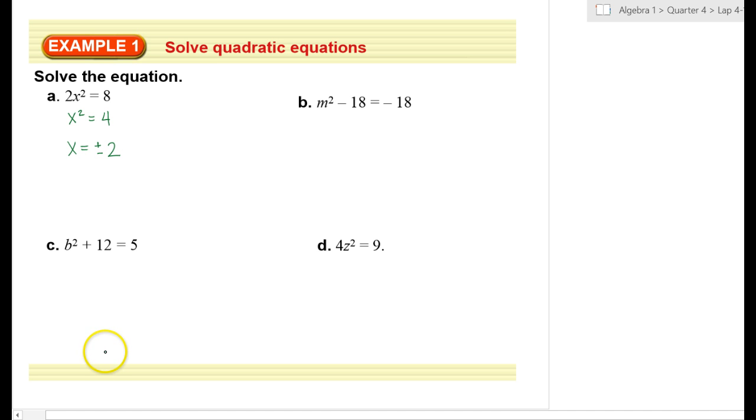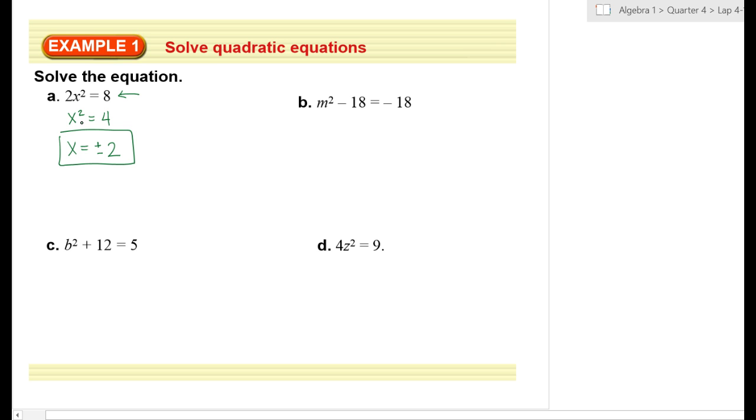Because if I were to look at a graph of this equation, it would cross the x-axis twice, at positive 2 and at negative 2. So I want plus and minus 2.